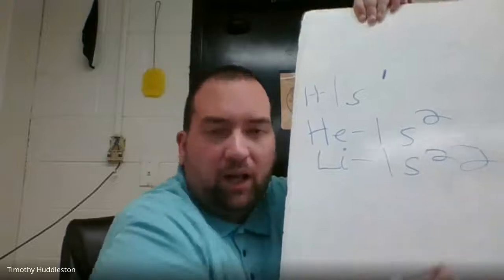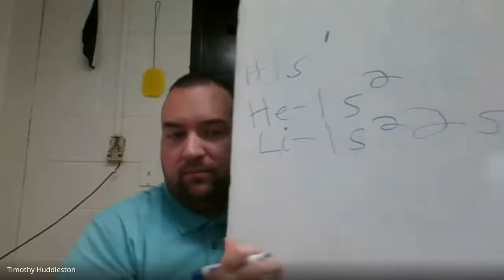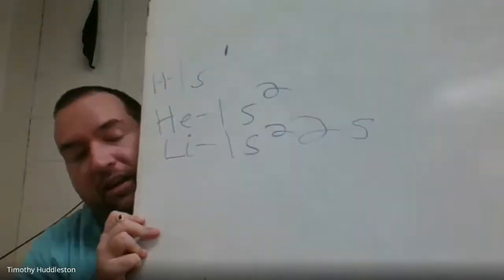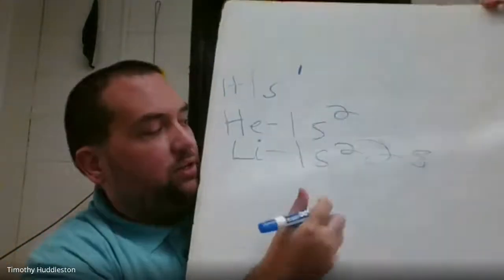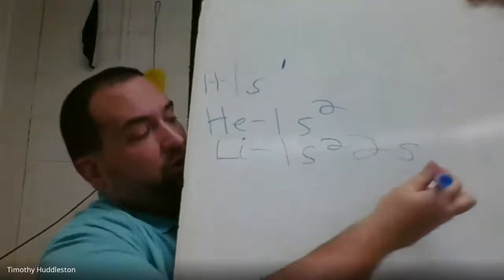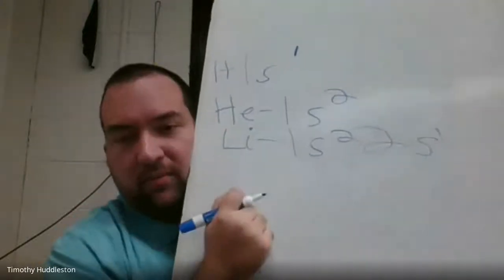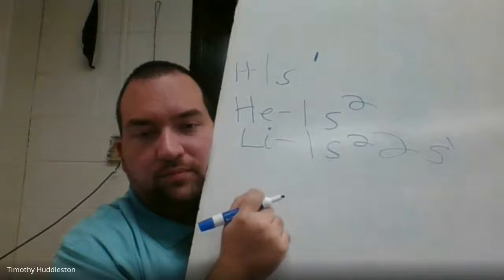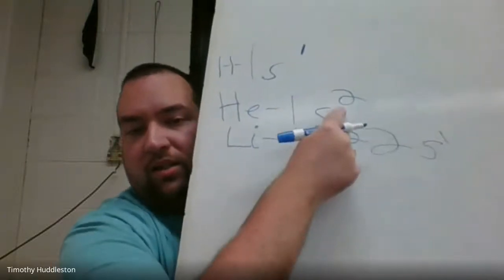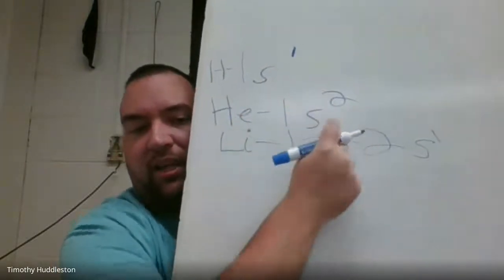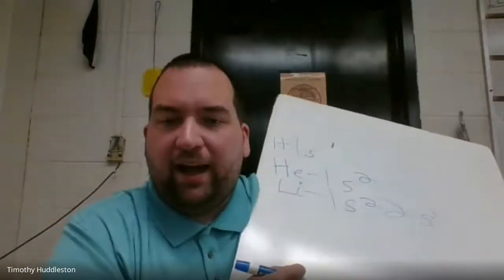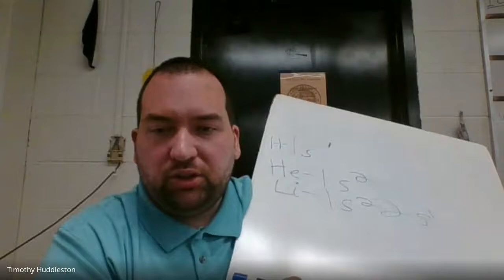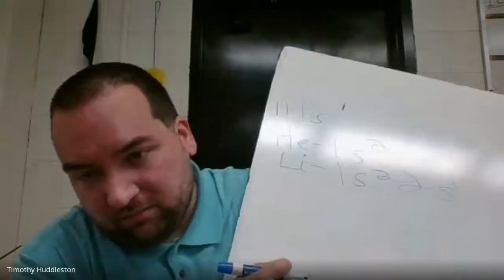And then I notice that it's also in the s block still. What's the superscript? Remember, these are superscripts for electron configurations. Well, it's in the first seat in the s section. So notice the superscripts here. That tells you the seat in the section. So the electron configuration of Li is 1s2 and then 2s1.